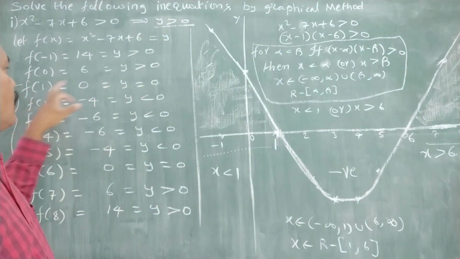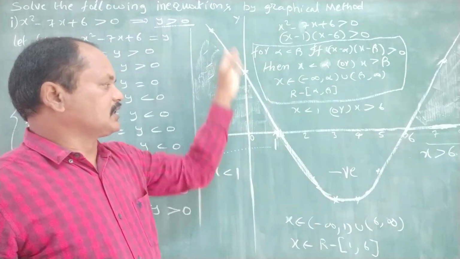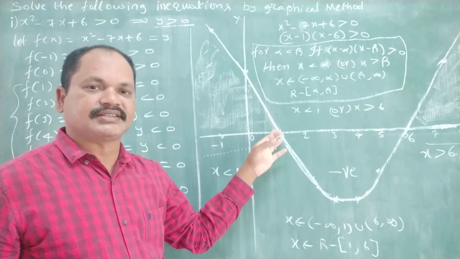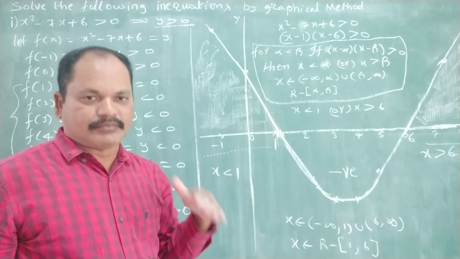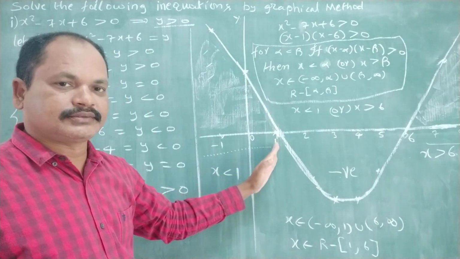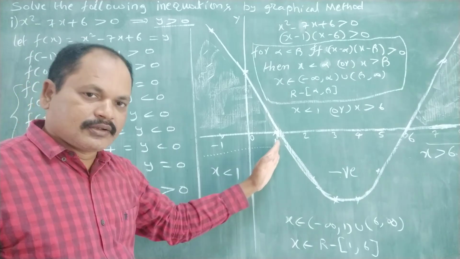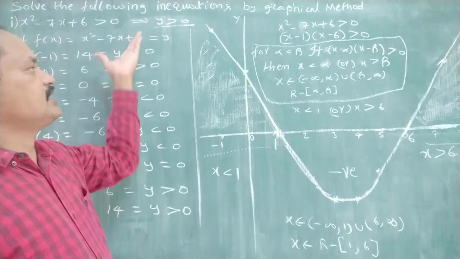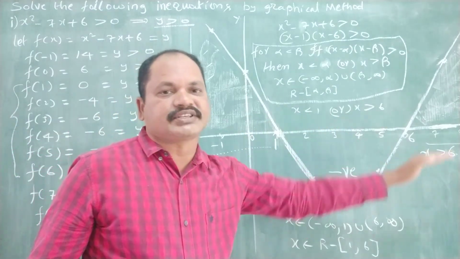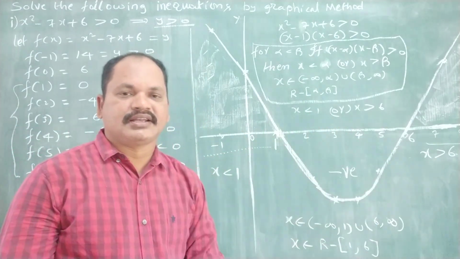But at 1 it is 0, since the curve intersects the x-axis at 1, meaning y is 0. But we require above 0. That's why, excluding 1, below 1 satisfies the inequation, and excluding 6, above 6 satisfies the inequation.